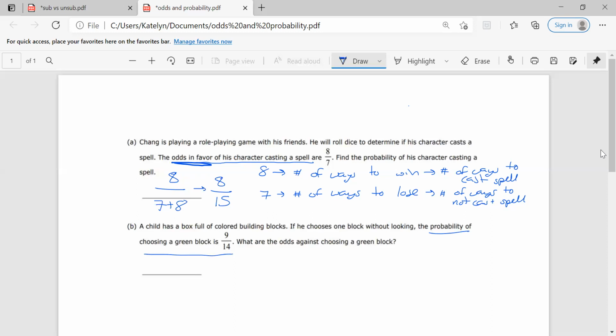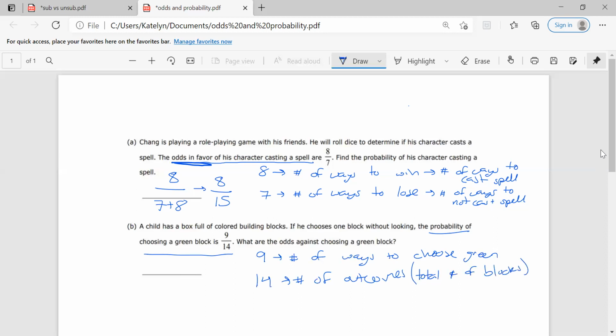This 9 is representing the number of ways to choose a green block. 14 is representing the total number of outcomes, so it would be the total number of blocks we have in the box.